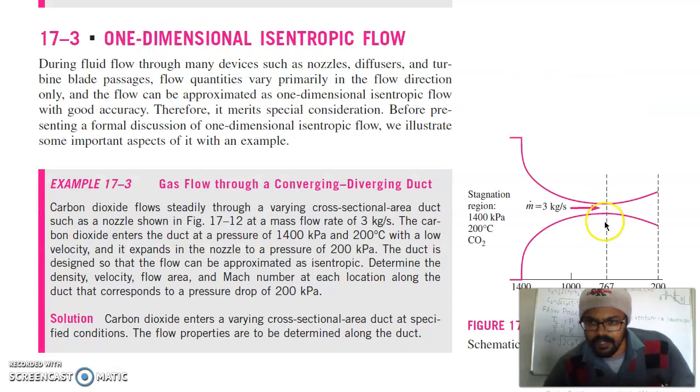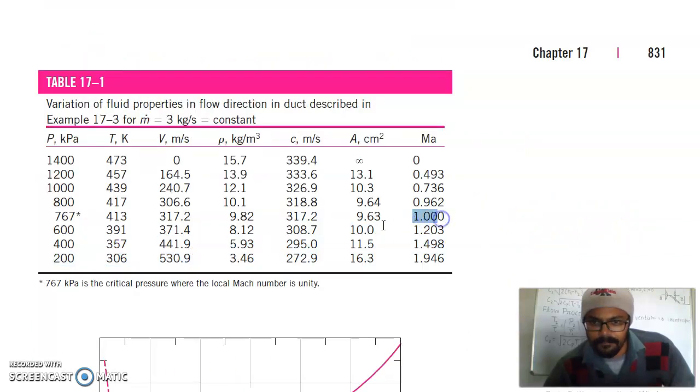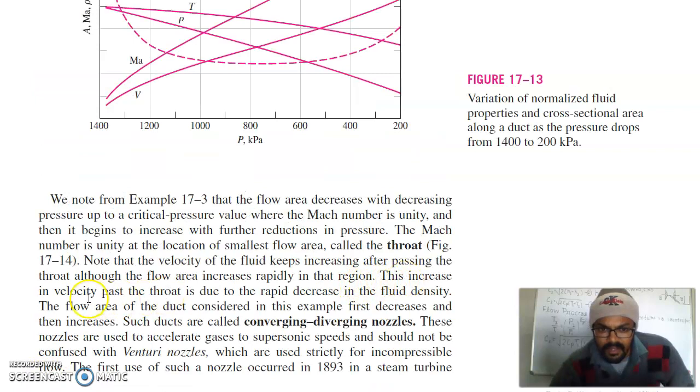So this is the portion where the area is smallest, that 767 is called the throat, and the Mach number here is 1. The increase in velocity past the throat is due to the rapid decrease in the fluid density. You can see density will drop at a faster rate, so due to the decrease in density, the overall volume of the gases will increase.